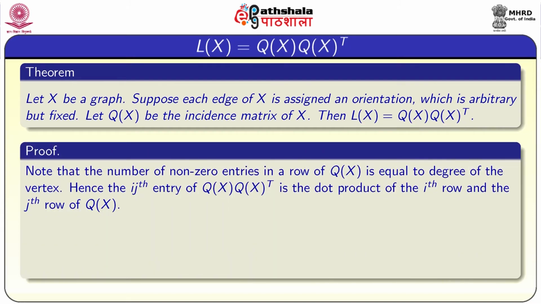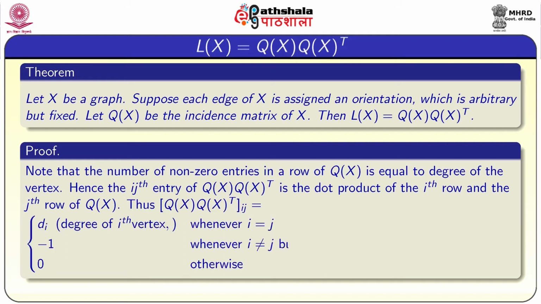Proof: note that the number of non-zero entries in a row of Q(X) is equal to the degree of the vertex. Hence, the ij-th entry of Q(X) into Q(X) transpose is the dot product of the i-th row and j-th column of Q(X). Thus, the ij-th entry of Q(X) Q(X) transpose is equal to d_i, that is the degree of the i-th vertex, whenever i is equal to j, minus 1 whenever i is not equal to j but the i-th and j-th vertices are adjacent, and 0 otherwise.